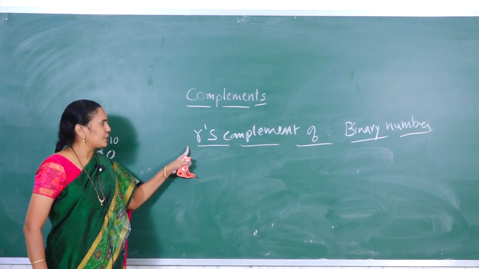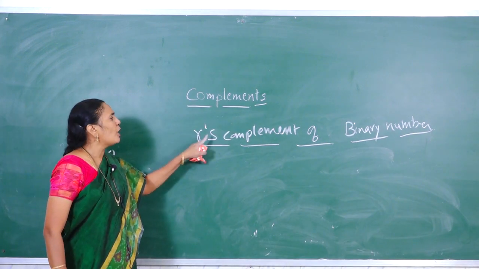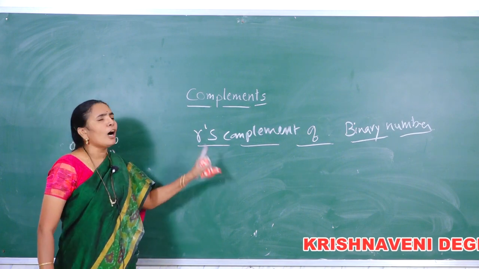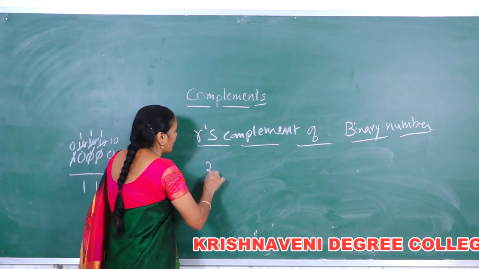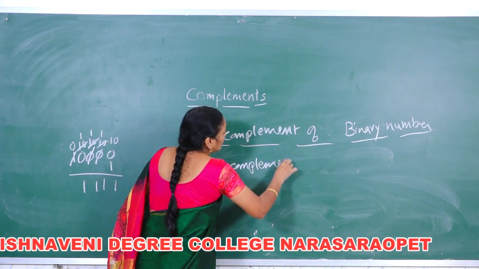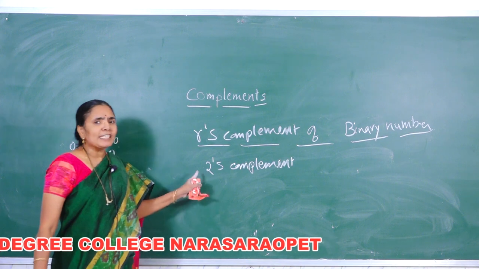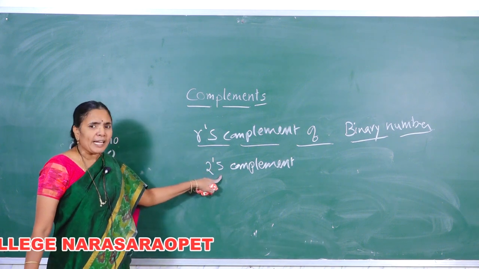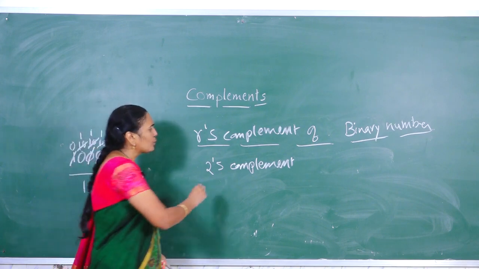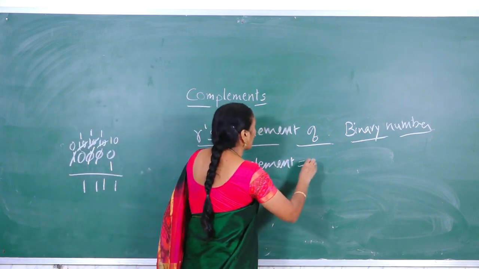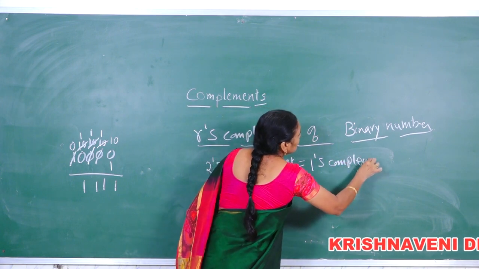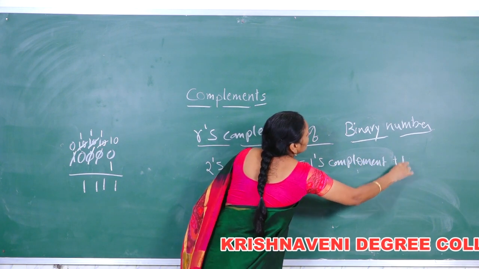Now let us discuss how to find the 2's complement of a binary number, that is nothing but the r's complement of the binary number. As we have seen, the 10's complement of a given number is obtained as the 9's complement of that number plus 1. Likewise, the 2's complement of a given number is obtained as the 1's complement of that number plus 1.